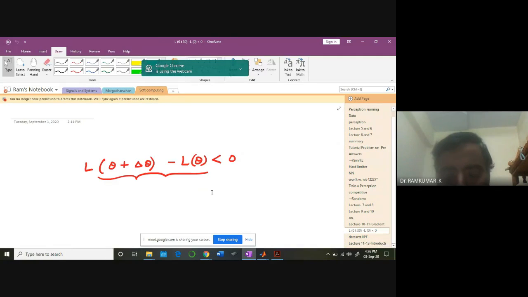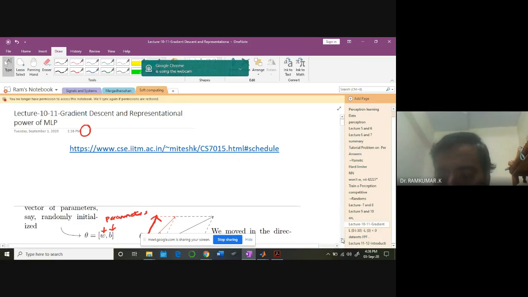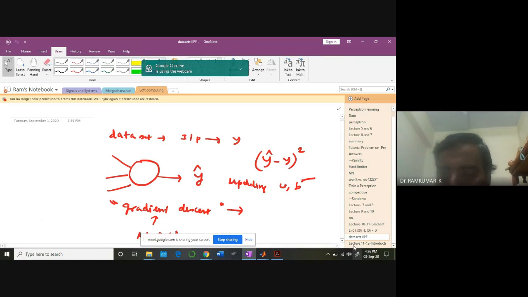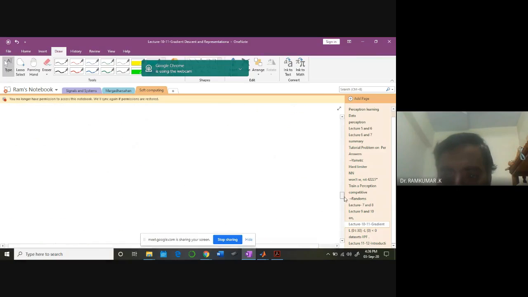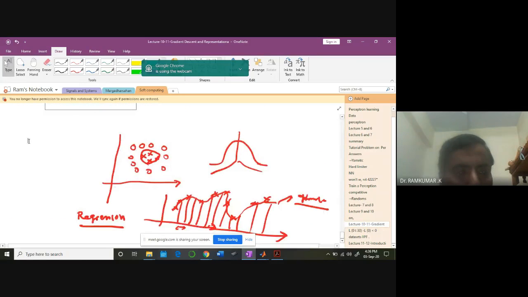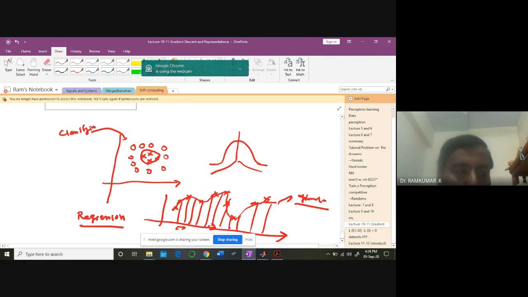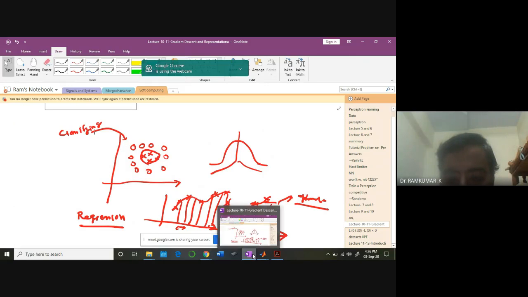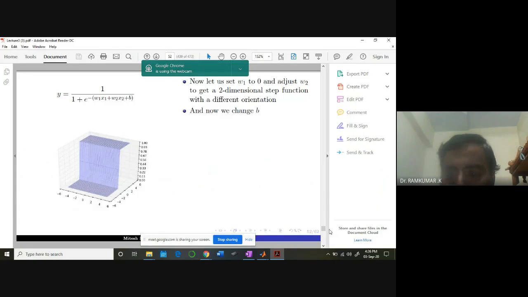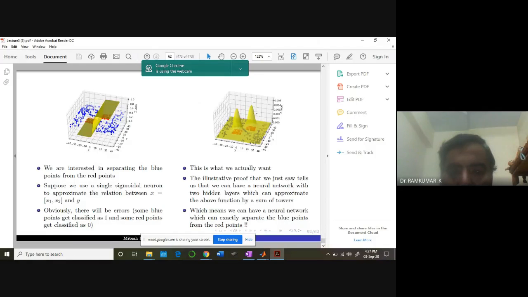There are two problems. The first problem is with respect to classification. You build towers like this. The kind of tower you're talking about is something like this. Here there are two patterns you would like to separate out.